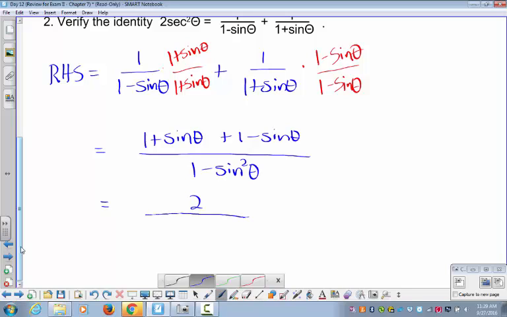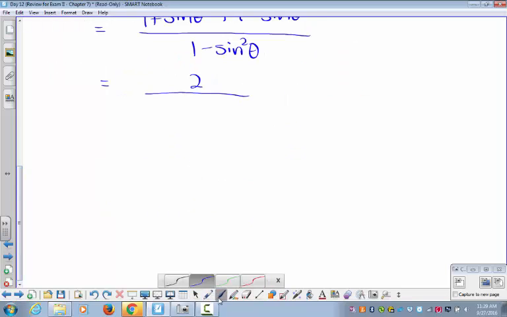Yep, 1 plus 1. Ooh, we like that. And then how about the denominator? Cosine squared, right? 1 minus sine squared is cosine squared. And then 1 divided by cosine squared is secant squared, which is the left-hand side.